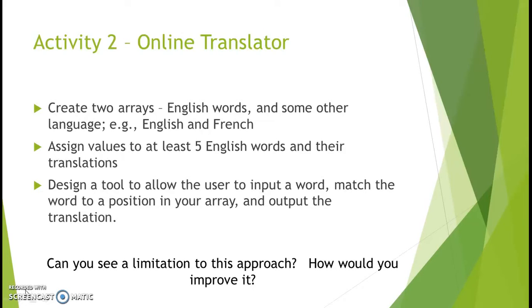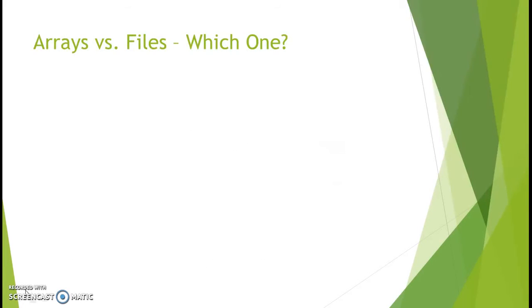How do you go ahead and add word number 6 to your dictionary, to your translator? So maybe think about how you might improve this tool. Okay, go ahead and implement that code and have some fun. It should give you some interesting ideas of how these things can be used.